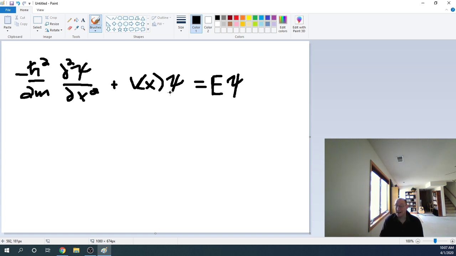If it was linear in x or y or whatever you wanted to call it, then that would mean it would act kind of like gravity does, because that's like m times g times y. It would be a linear function. But the potential energy that goes like x squared or y squared or whatever variable squared, position squared, that acts like a harmonic oscillator. Does that clarify? It's just asking you to recognize it.